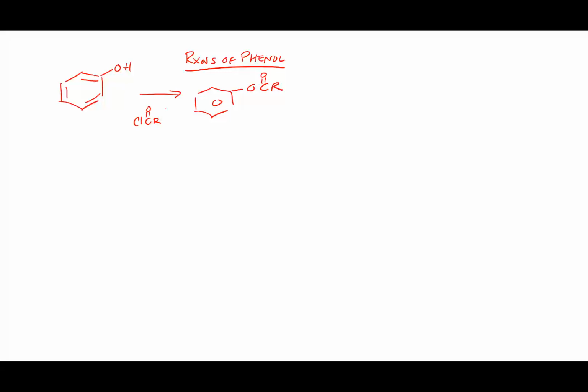So you can react an alcohol and an acid chloride. ROH plus an acid chloride, a carboxylic acid chloride, will make an ester. And that's one of the more efficient ways of doing it.